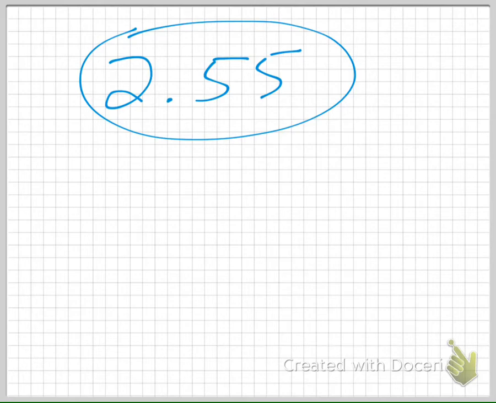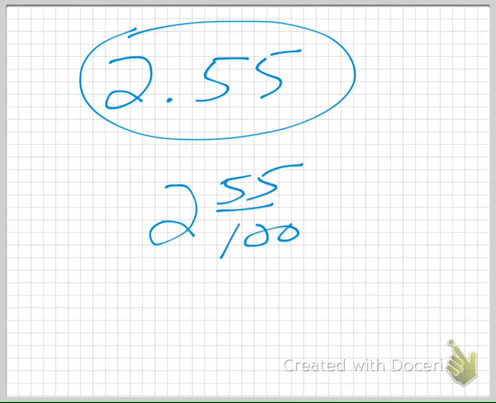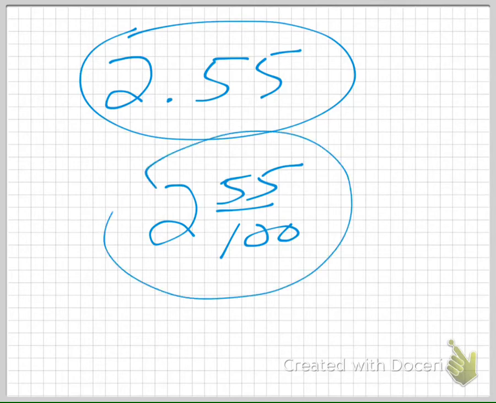You read it. 2 and 55 hundredths. You just read it. Now, are you done? No. It can be reduced, but that is how you turn any decimal into a fraction. Negative 21.48.